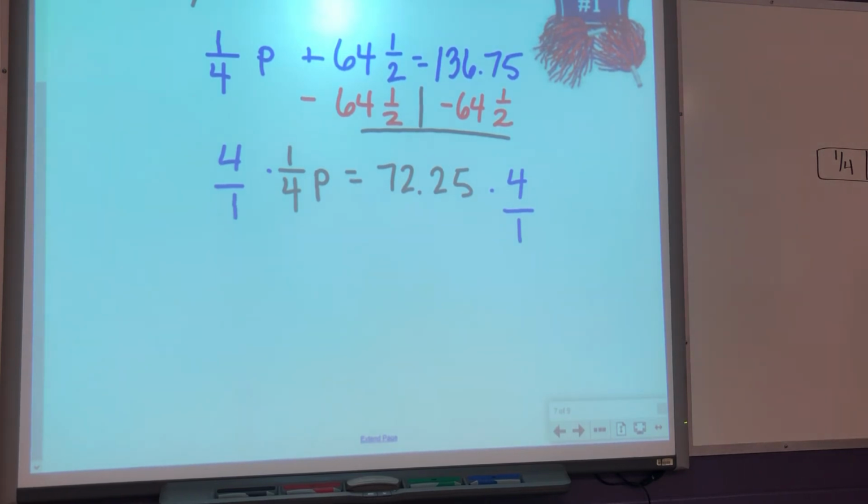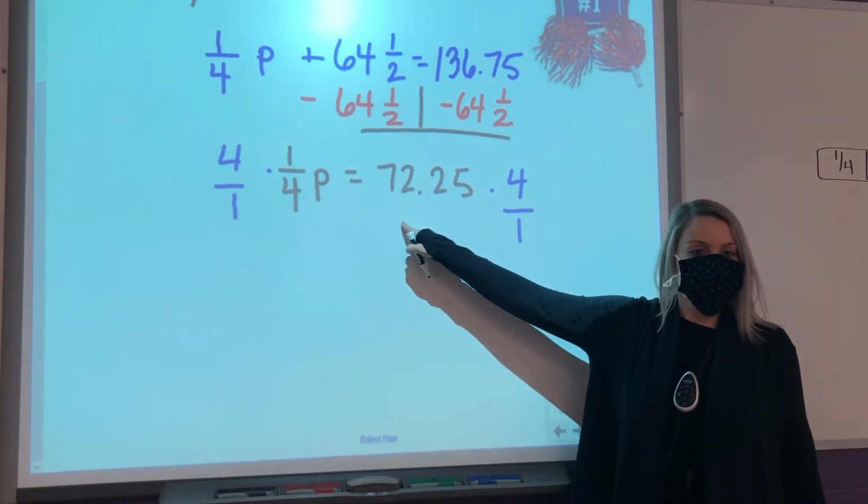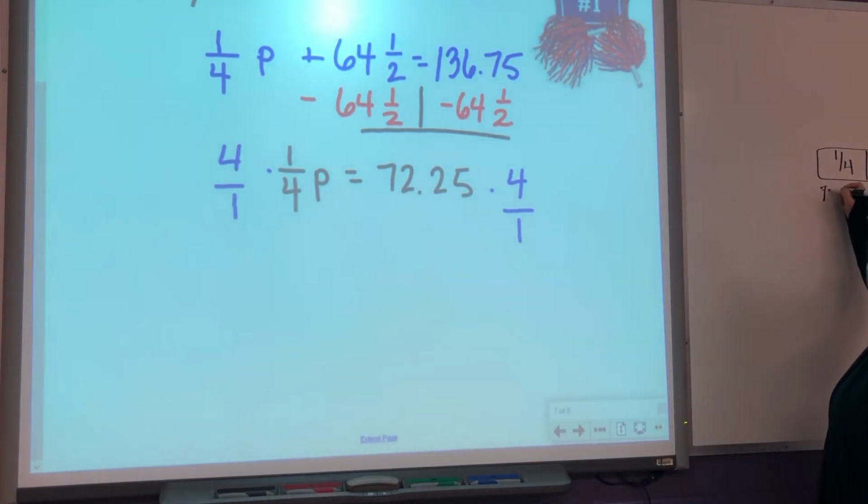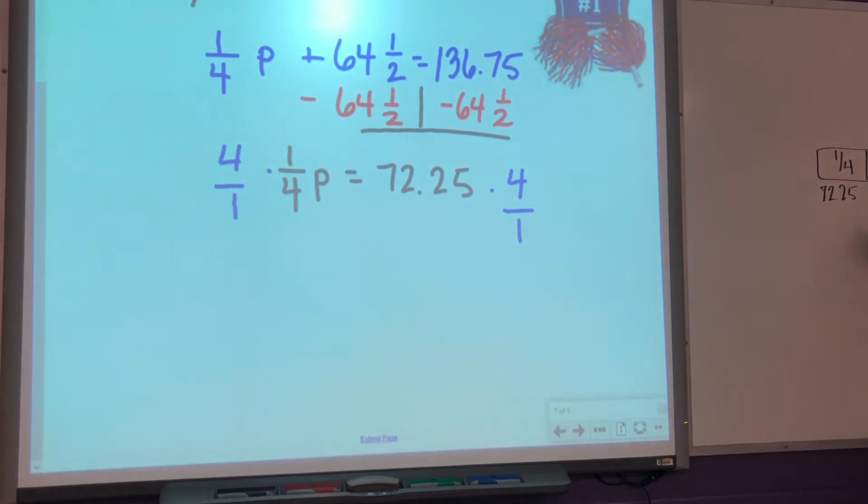So what's left? 3/4, right? 1/4 of P is how much? 72.25. How many of these to make one of these? 4. So if I multiply by 4, that's going to give me a whole. Yeah, that makes sense.